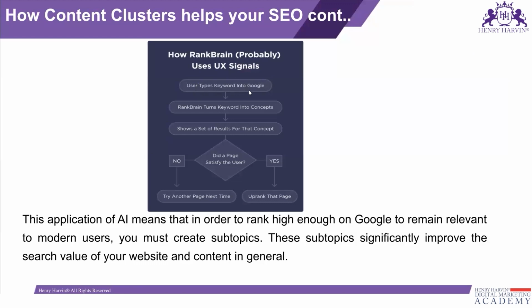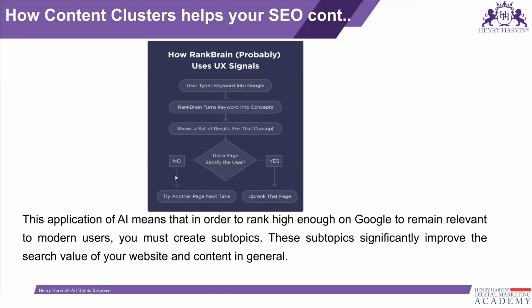So here you can see how RankBrain uses UX signals. The user types a keyword, then RankBrain turns the keyword into a concept. You write best email marketing services, and it will show you different blogs related to email marketing services, a set of results for that concept. When the user comes to a page, it will track whether it satisfies the user or not.